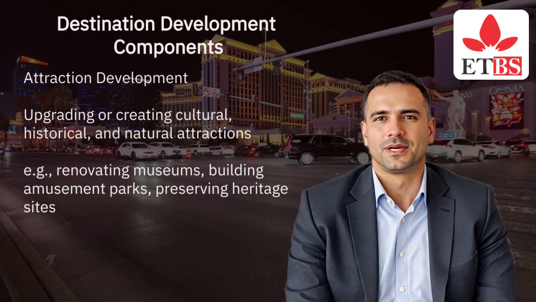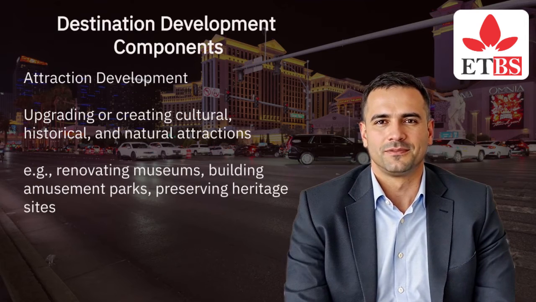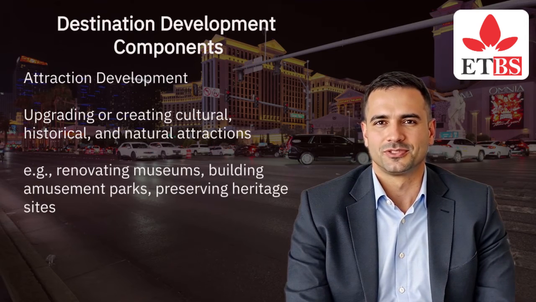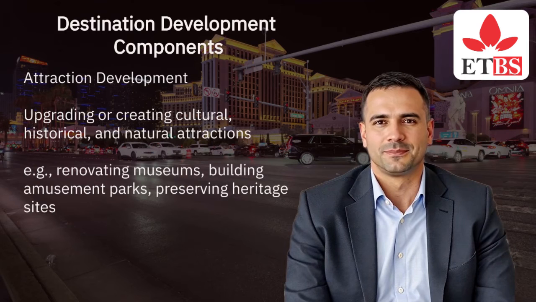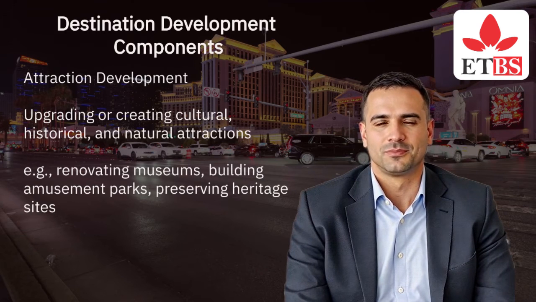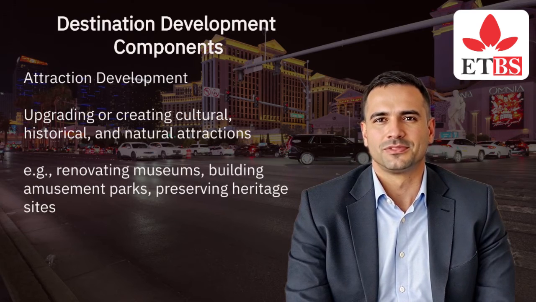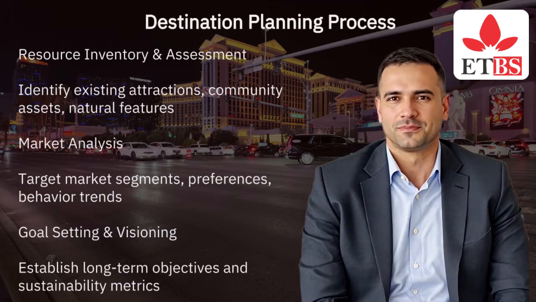Amenities and facilities, lodging, restaurants, medical services, banks, Wi-Fi zones, safety and sanitation infrastructure. Ancillary services, tour guides, interpreters, shopping, entertainment, souvenirs. Human resource development, training and capacity building for hospitality and tourism workers. Policy and regulation, zoning laws, licensing, building codes, environmental standards.